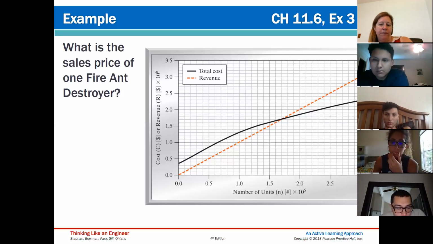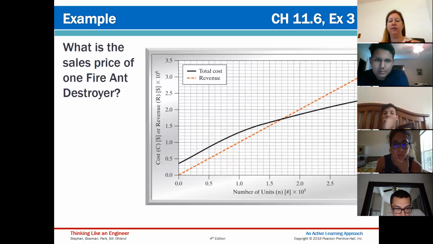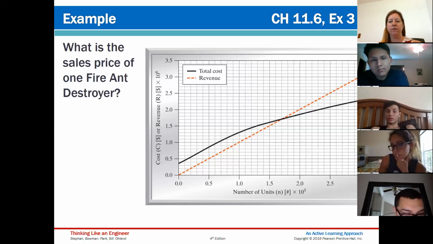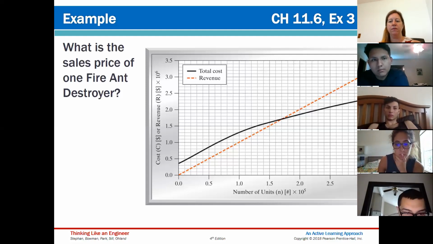10 what? So numbers are handy, but numbers don't tell you anything unless they have units with them. So what are the units on our coordinate axis, or our y-axis?